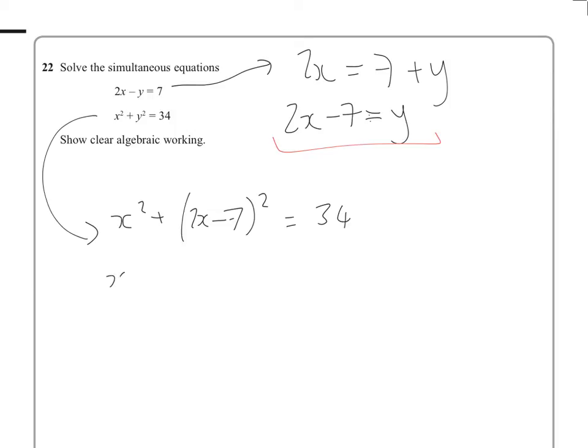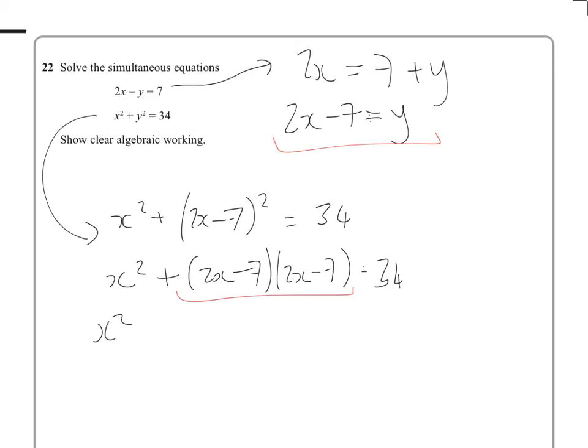Multiply out the brackets, which is going to give me, so this part here, 4x squared minus 14x minus 14x plus 49.